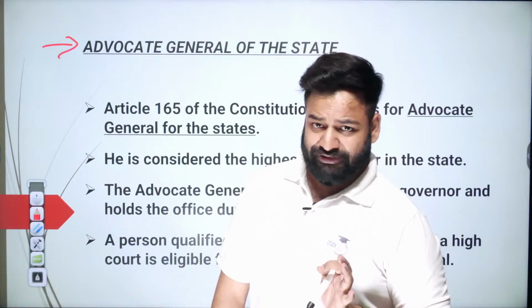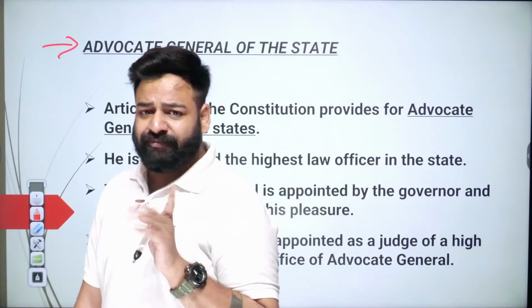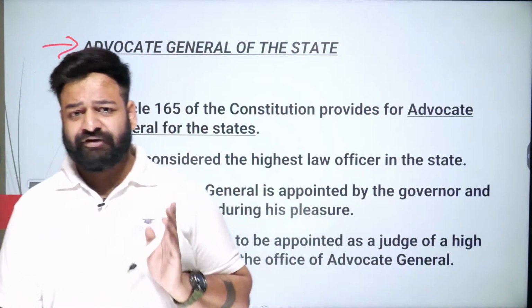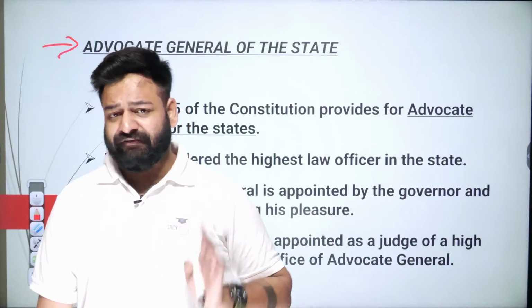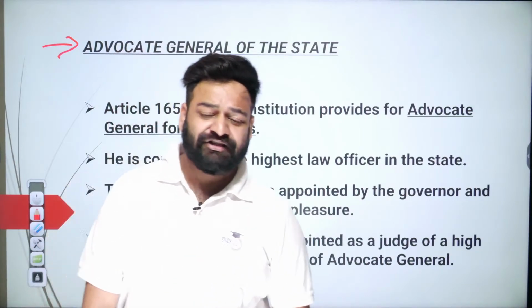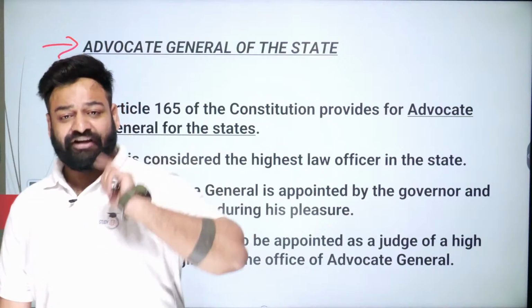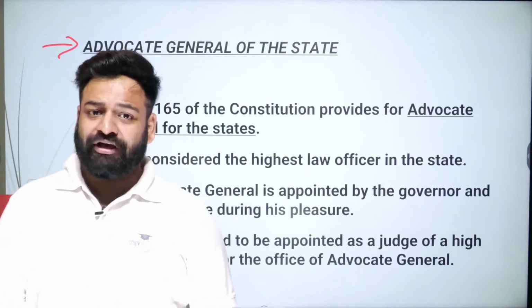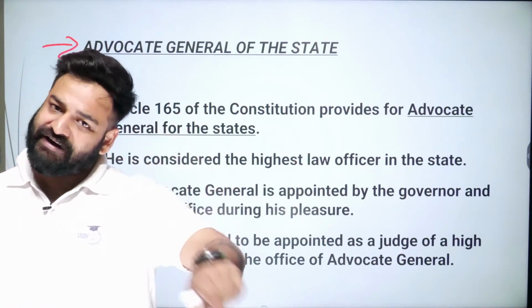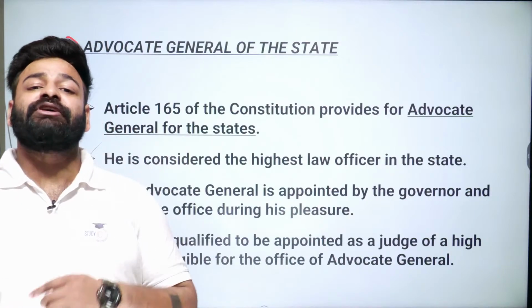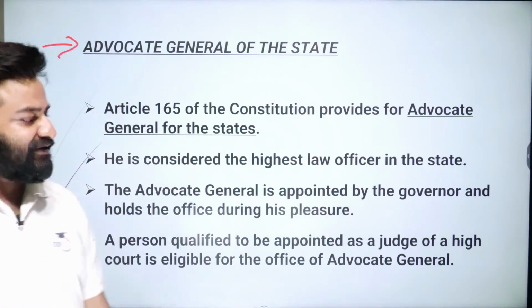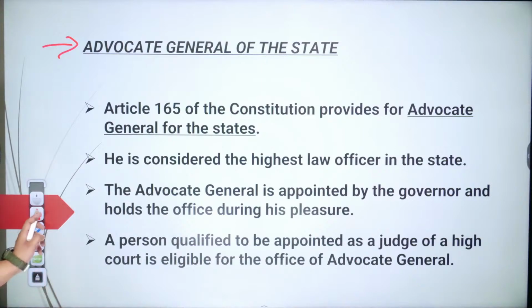The basic difference: the Attorney General is appointed by the president, works at the pleasure of the president, with no fixed tenure. In the same way, the Advocate General of a state is appointed by the concerned state governor, removed by the concerned state governor, and works at the pleasure of the state governor. That's it. And who is qualified?